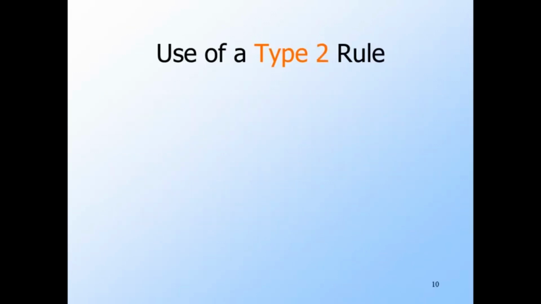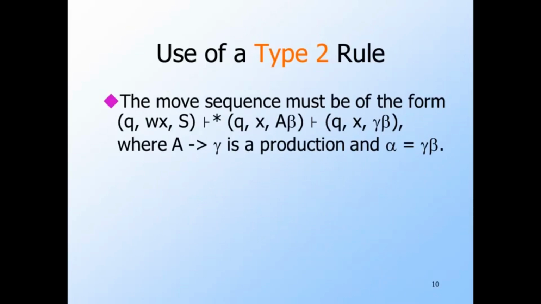Now let's look at the case of a type 2 rule, where there is a variable A on the top of the stack after the n-1st move. After n-1 moves, P has consumed W from the input and has A beta on its stack. That's that. This, of course, is the ID after n-1 moves.